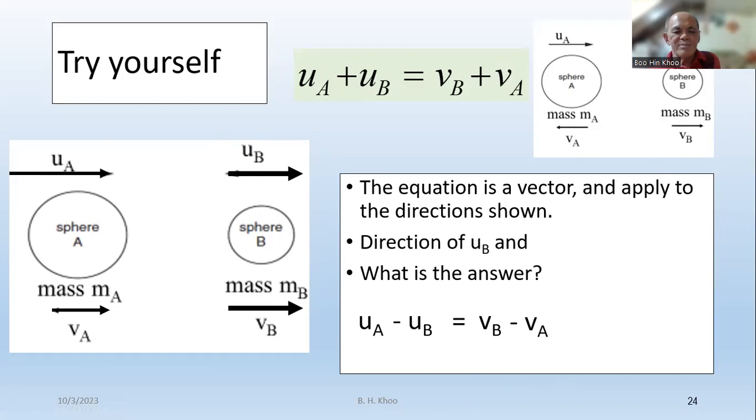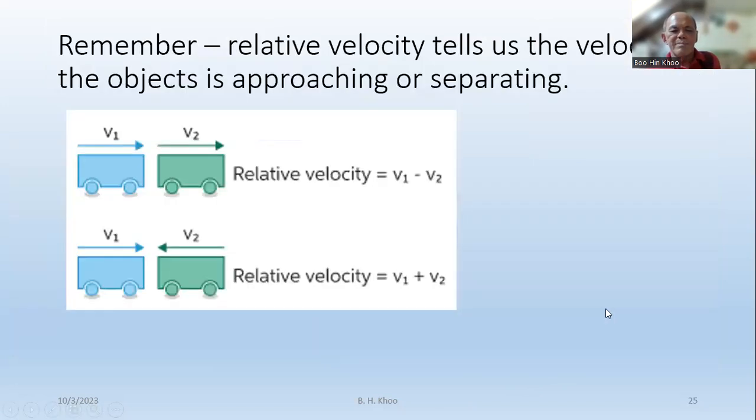In terms of magnitude, remember relative velocity tells us how the object is approaching or separating. So relative velocity, this one is moving towards V2. So that's why we take V1 first minus V2.